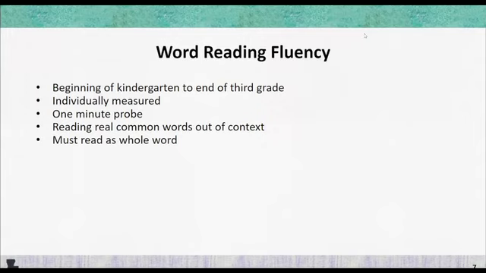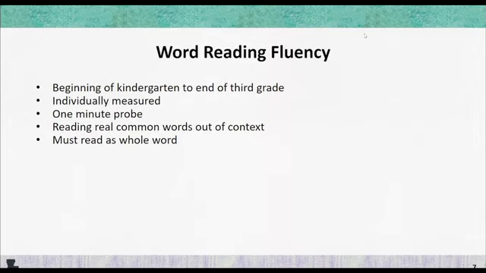This subtest involves reading real words out of context and is a measure of accuracy and fluency in reading words that students should have been exposed to by this point in their literacy development. These words include words with irregular pronunciations, such as non-decodable words, as well as common words with regular pronunciations, or decodable words.